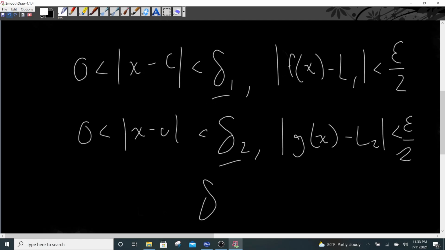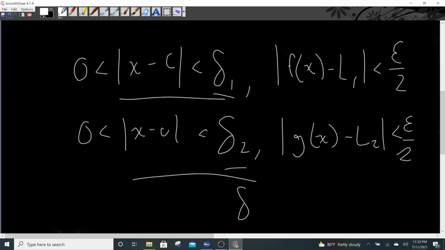So just substitute delta for everything that I just said. We're just going to say that delta is the smaller delta of the two because delta 1 and delta 2 are both arbitrary values, and we don't know which of these expressions is more precise. So we're going to say that delta is the quote-unquote smaller one of the two.